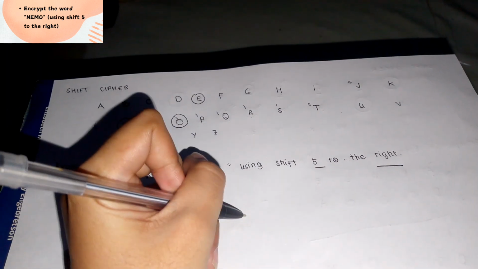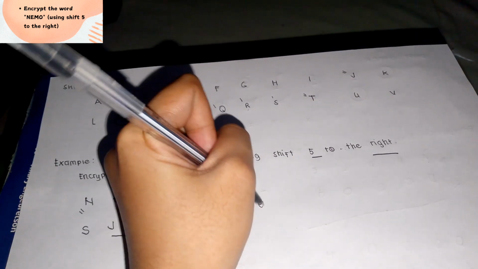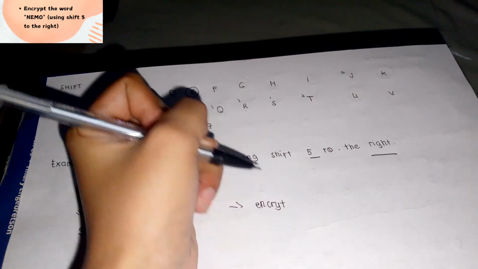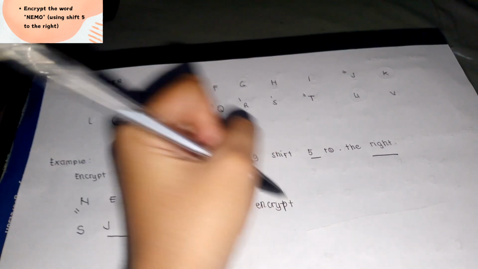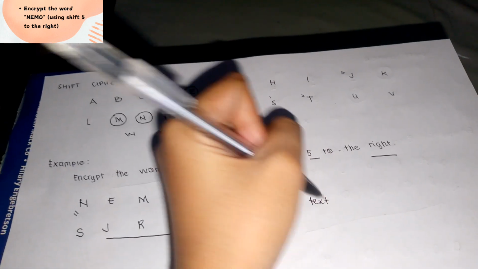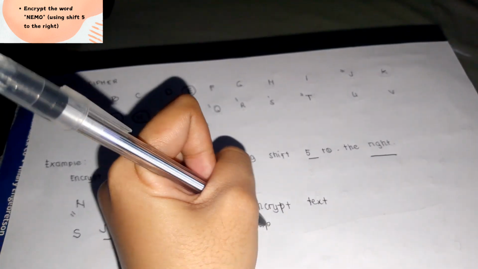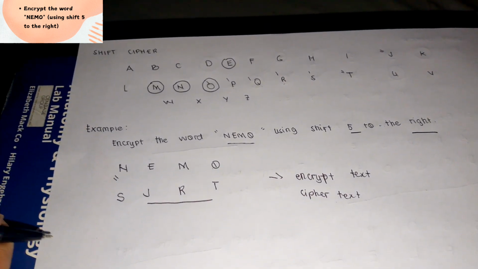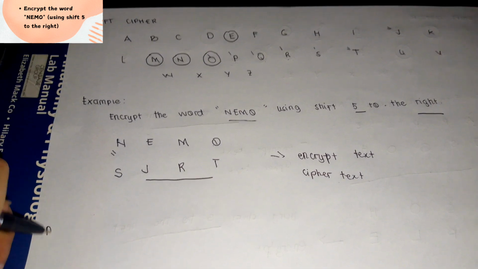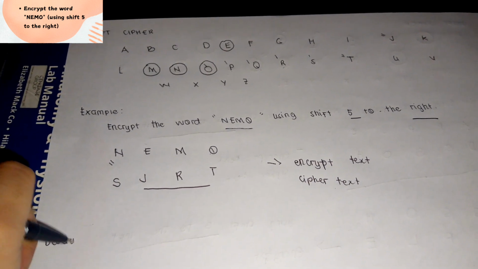And now, this is our encrypted text or the ciphertext. Okay? Ciphertext. Now, how are we going to bring it back to our decrypted text?